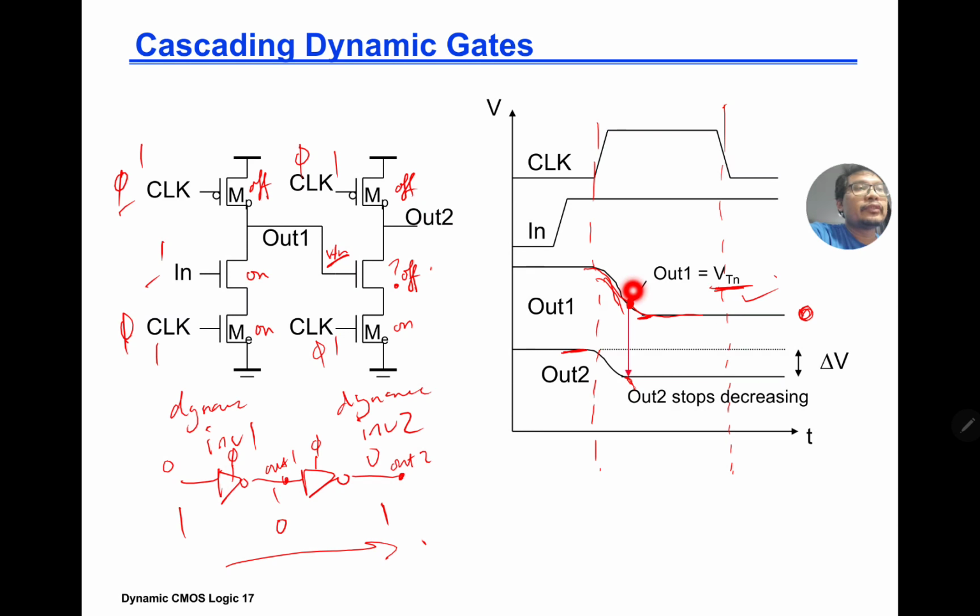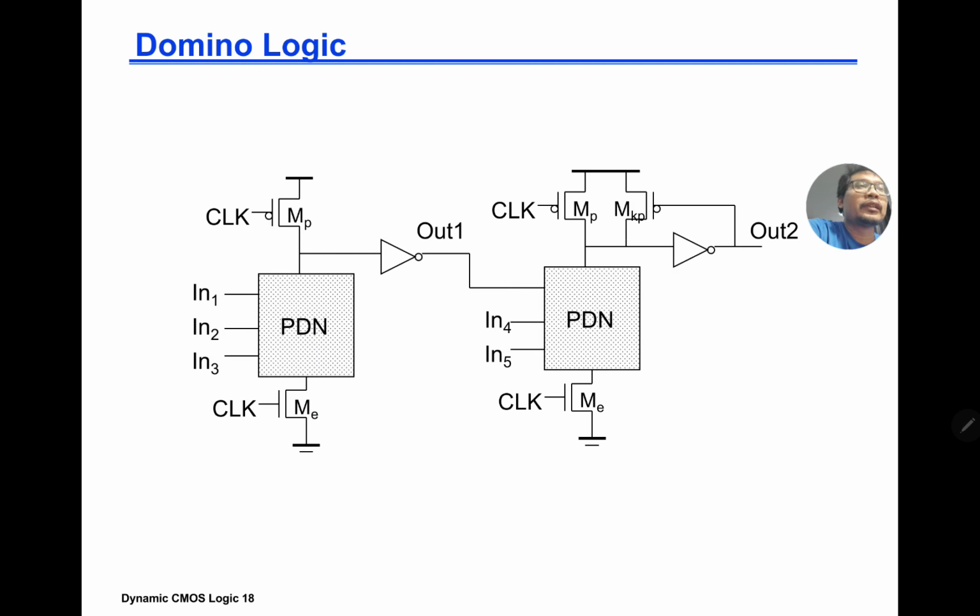So to overcome this cascading dynamic gates problem, they created what is called domino logic. Domino logic is more stable. Just like the transmission gate in pass transistor logic, TG is more widely used, and for dynamic logic people like to use domino logic. So what is domino logic?